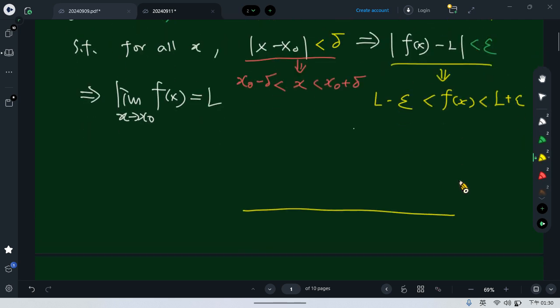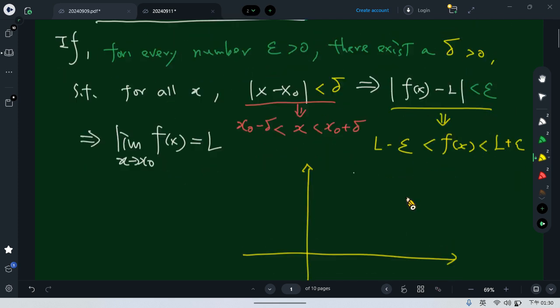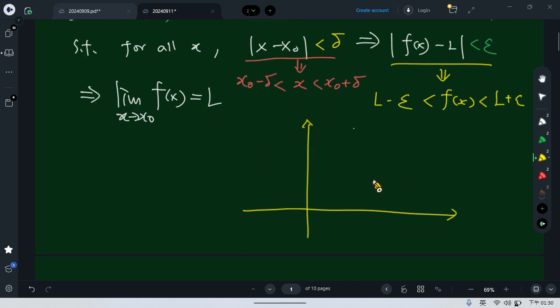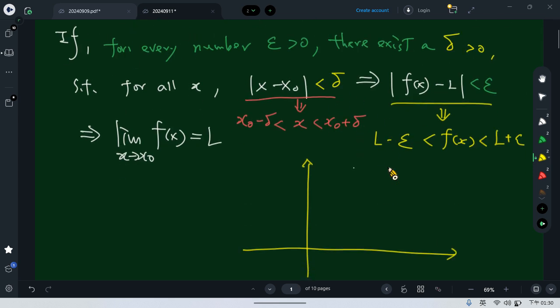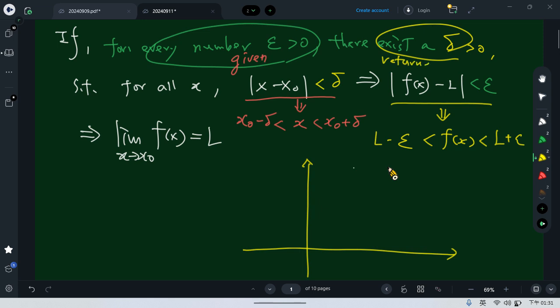What is the idea? What is the precise operation for this? You can see here, for any positive epsilon, that means I will give you an epsilon. This epsilon is given. But based on the epsilon, I can always return a delta.